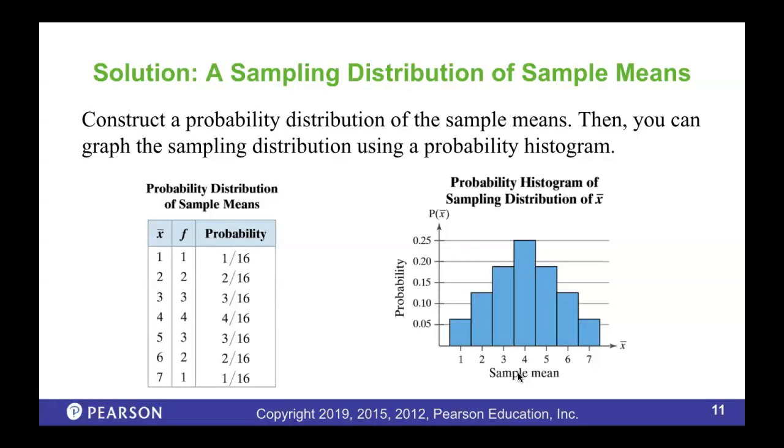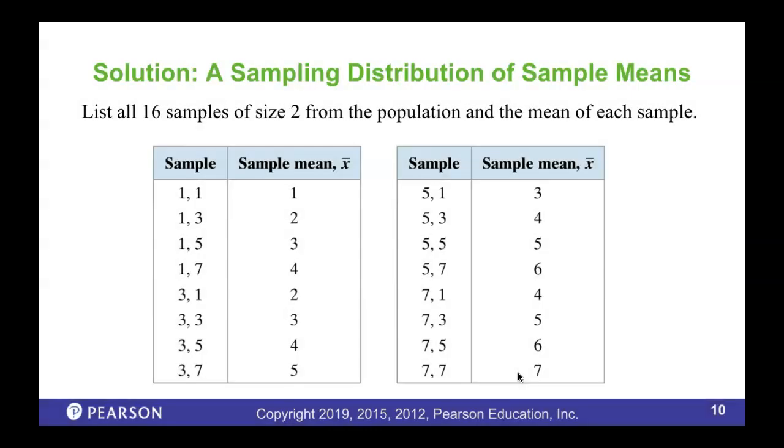If we construct a probability distribution of these sample averages, and how did they do this? Take a look, guys. If you look at the X bar, X bar equals 1 appeared only once. But if you notice, I think a common X bar could be 4. How many 4s appeared?